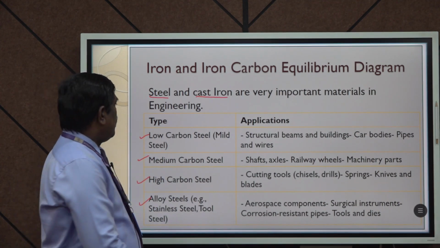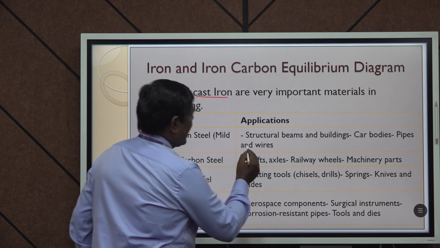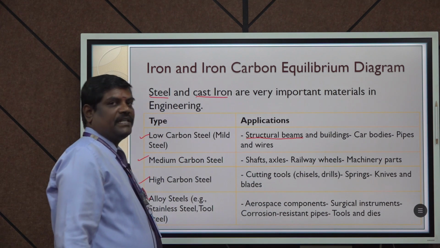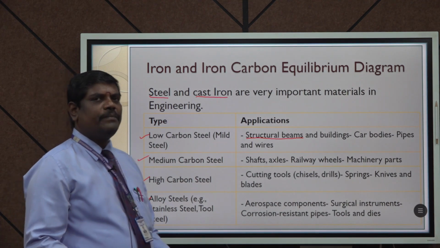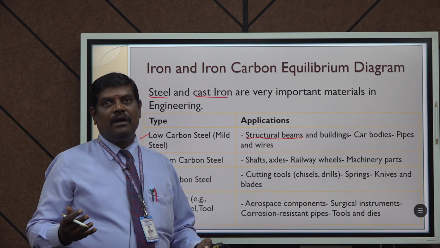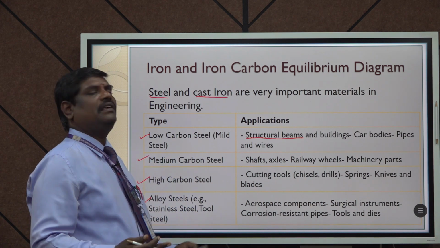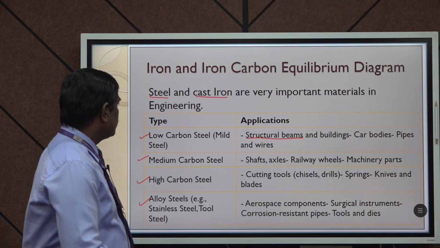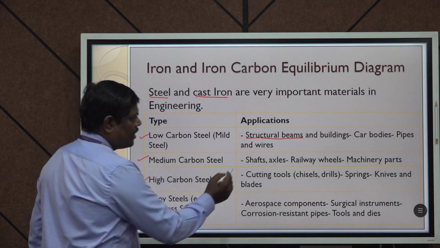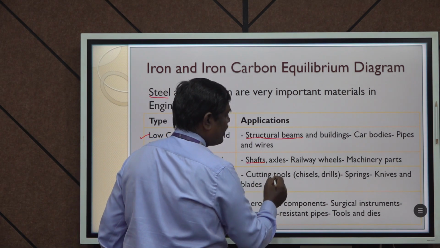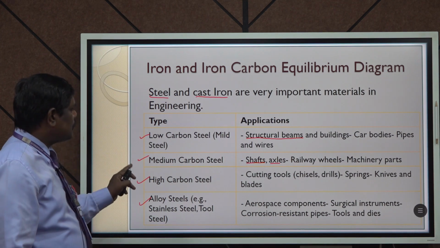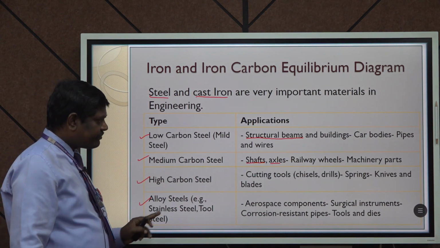Steel has very vast application in structural elements. The structural elements may be beams, or a machine bed, so many structural things are there. If we consider shafts, axles, railway wheels and machinery parts, we are using medium carbon steel.